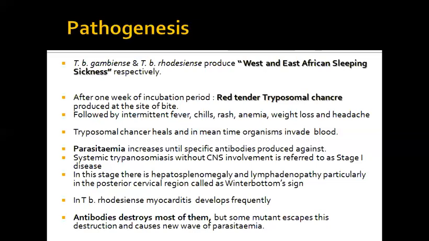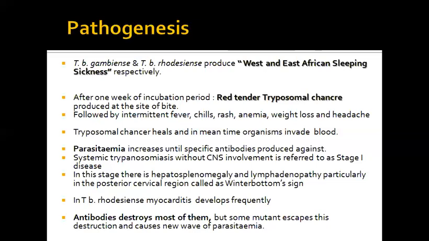Systemic trypanosomiasis without CNS involvement is referred to as stage 1 disease. So parasitemia is seen in stage 1 disease. In this stage, there is hepatosplenomegaly and lymphadenopathy, particularly in the posterior cervical region, called Winterbottom's sign.